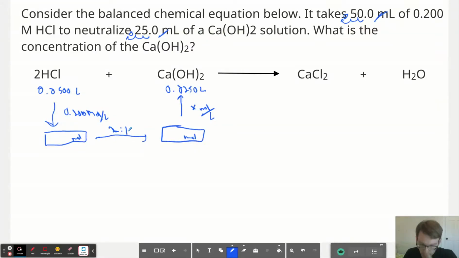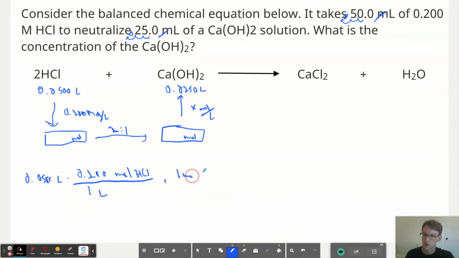All right, so from here, I can set up the dimensional analysis, 0.0500 liters times 0.200 moles HCl for every 1 liter times 1 mole calcium hydroxide for every 2 moles of HCl.